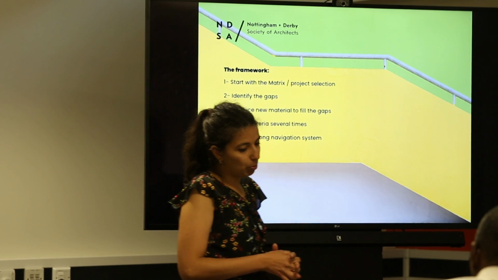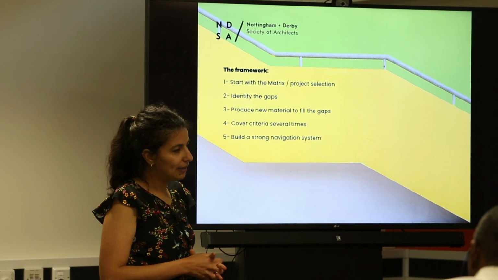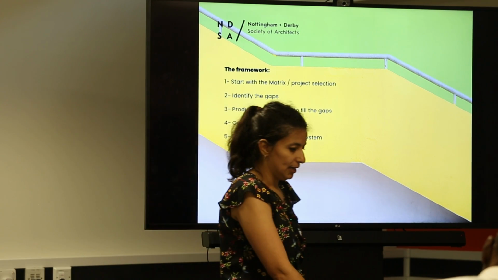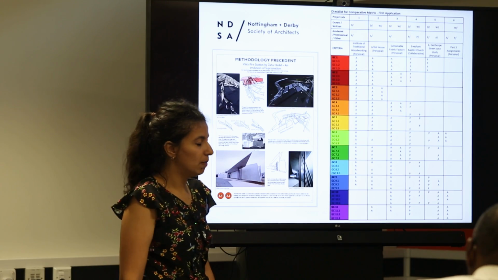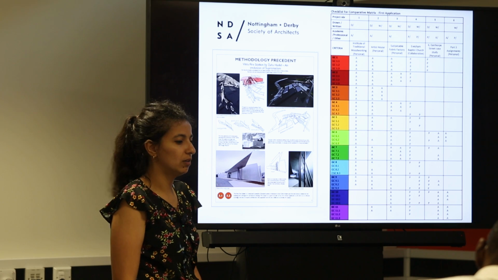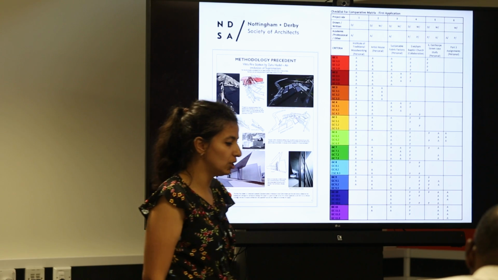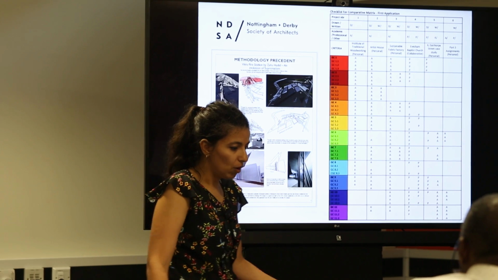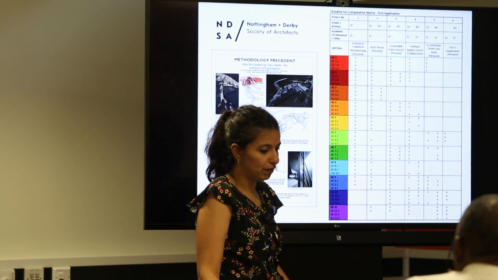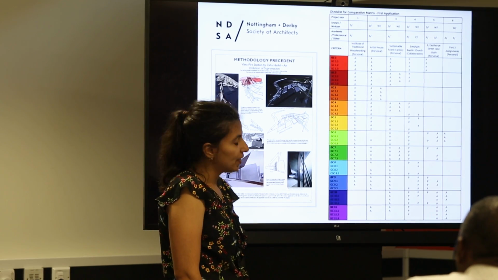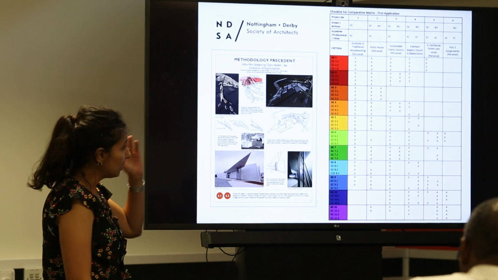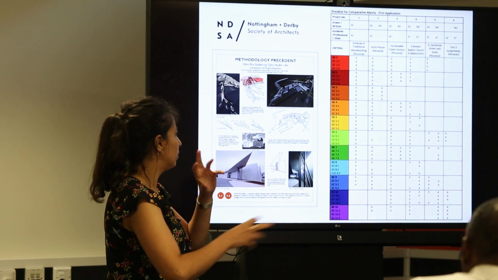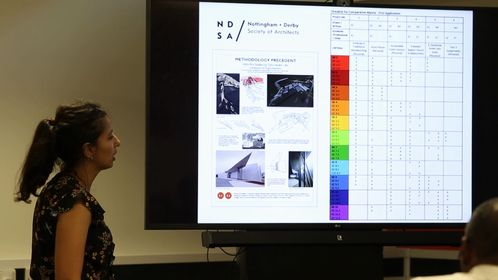And finally, the final point of the framework is to build a strong navigation system. As Graham said, they have 90 minutes to go through your work, and it's done so quickly. The easier you make it for them to find the information they're looking for, the better. In this case, I used color coding to help the jury navigate through the work quickly.